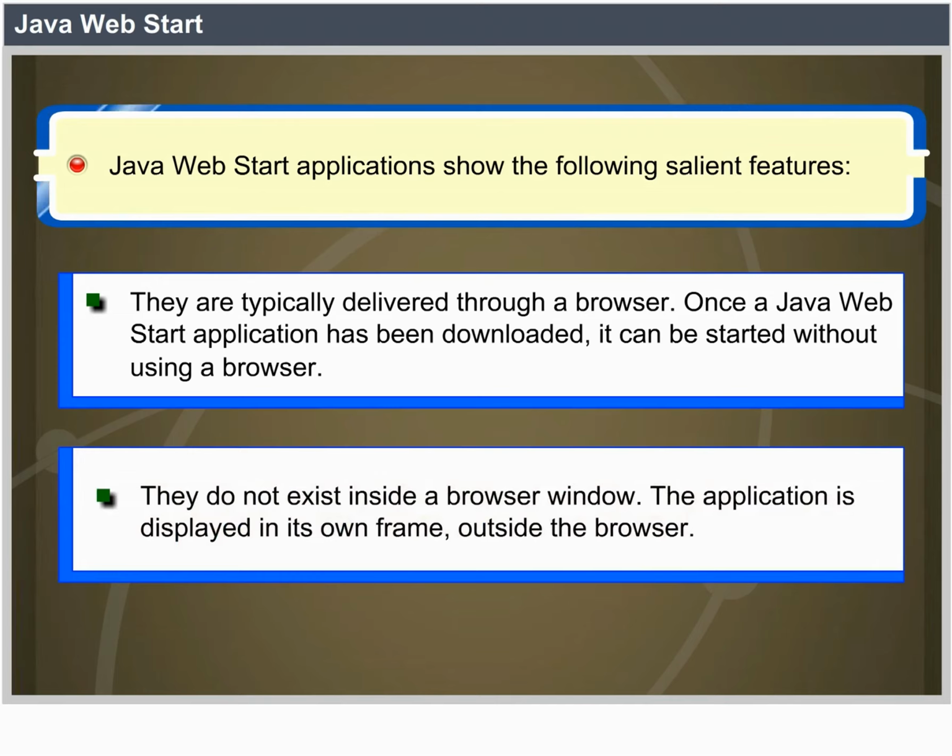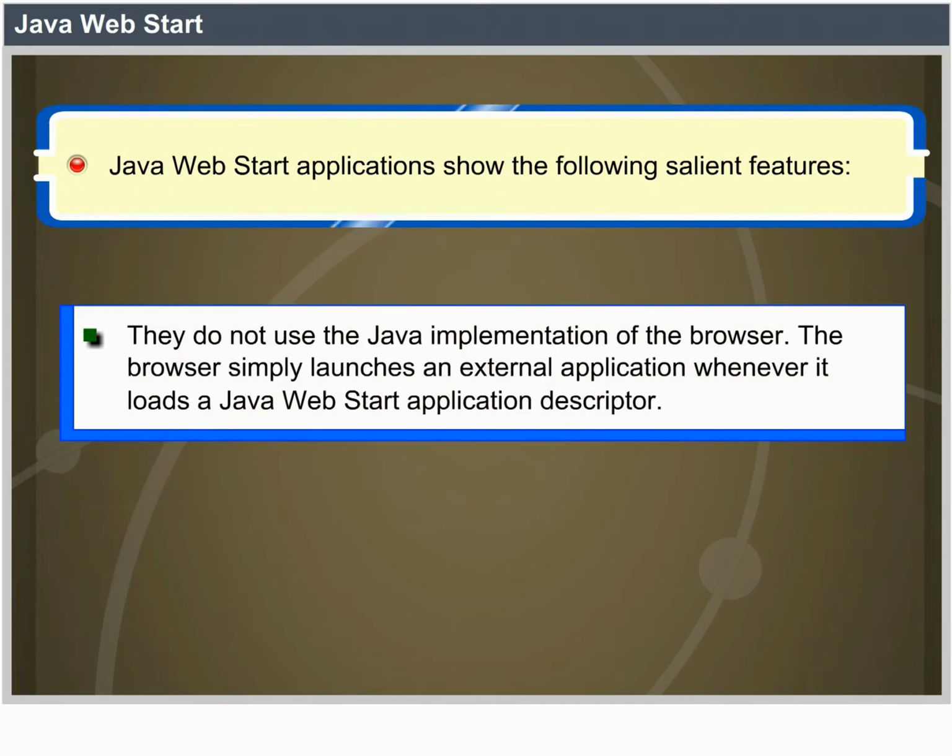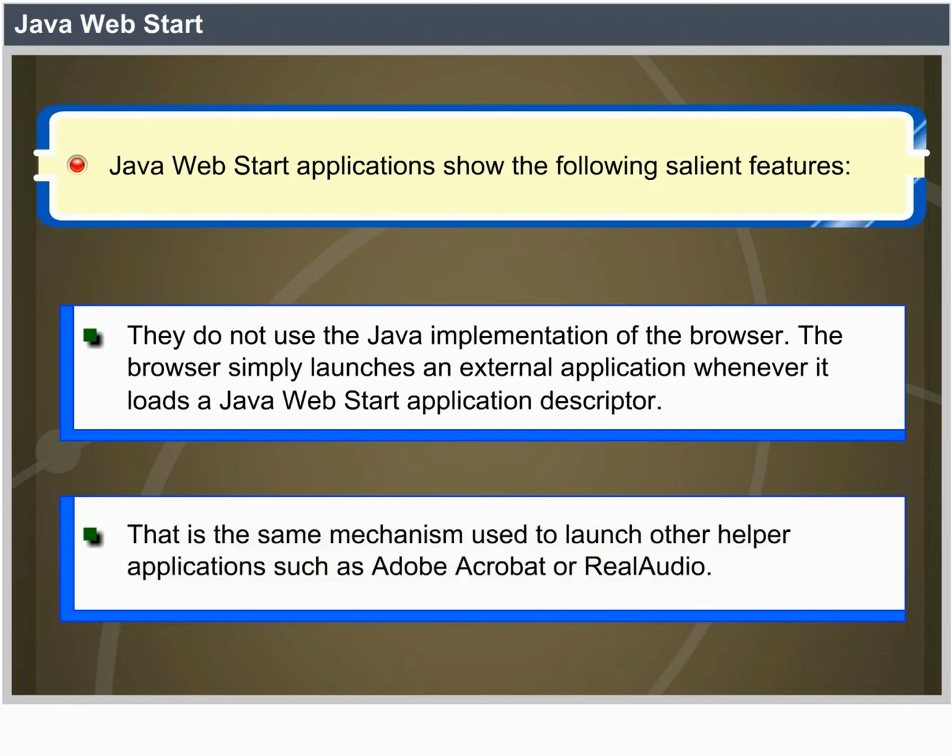That application is displayed in its own frame outside the browser. They do not use the Java implementation of the browser. The browser simply launches an external application whenever it loads a Java Web Start application descriptor. That is the same mechanism used to launch other helper applications such as Adobe Acrobat or Real Audio.